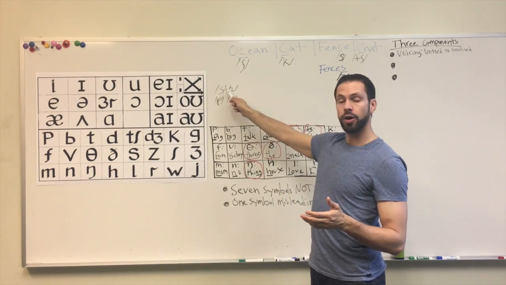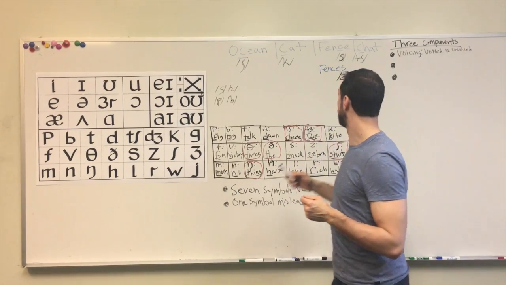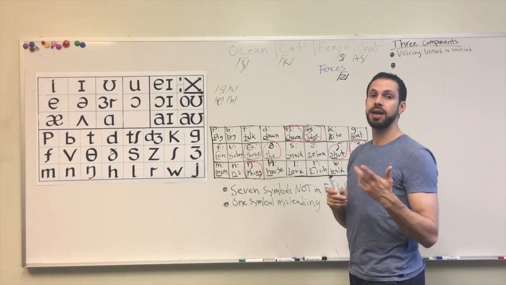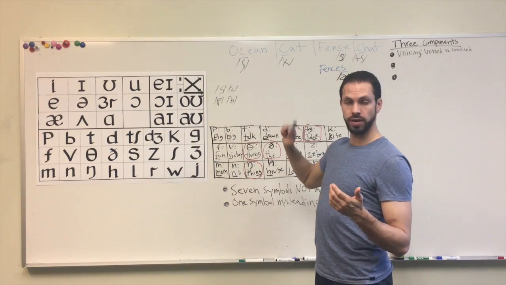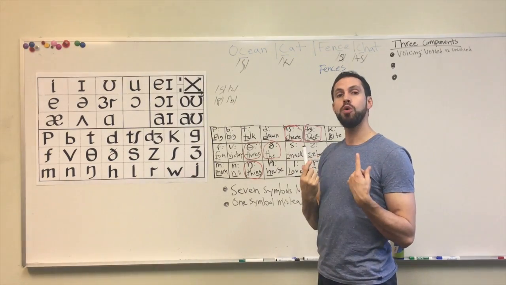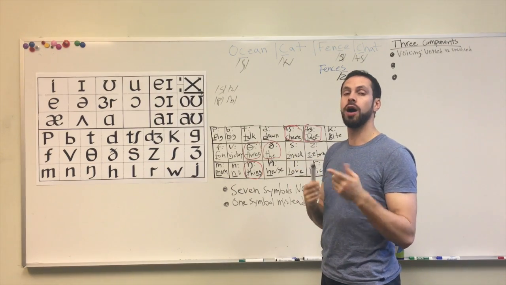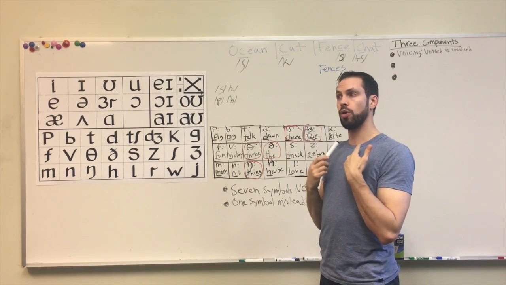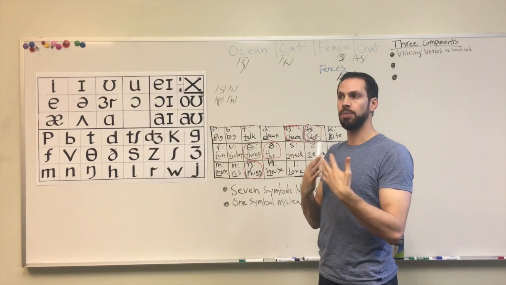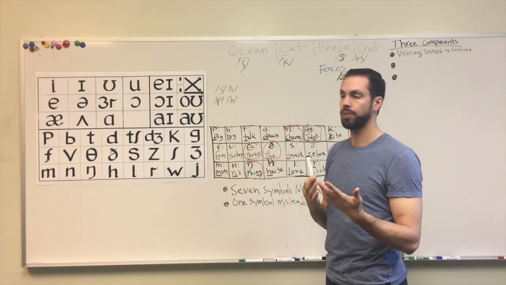Another component of voiced versus unvoiced is actually air. With unvoiced sounds, there's more air that comes out of your mouth when you pronounce a sound. When your vocal cords vibrate, this inhibits the air coming out of your mouth.